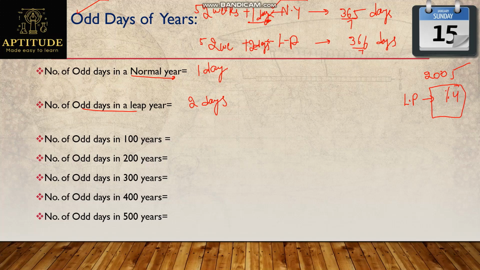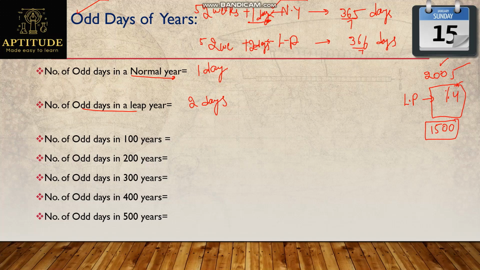Like if I got a leap year for 2004, the next leap year will be 2008 by adding 4 years. So for every 4 years, I'll get a leap year. So that's the reason I need to divide by 4 in order to find whether it is a leap year or not. But this does not hold for century years. For example, consider 1500.